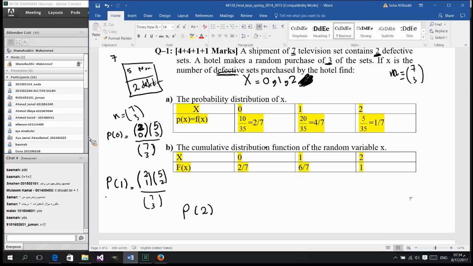Probability at 2 means 2 of them are defective and 0 non-defective, divided by 7C3.